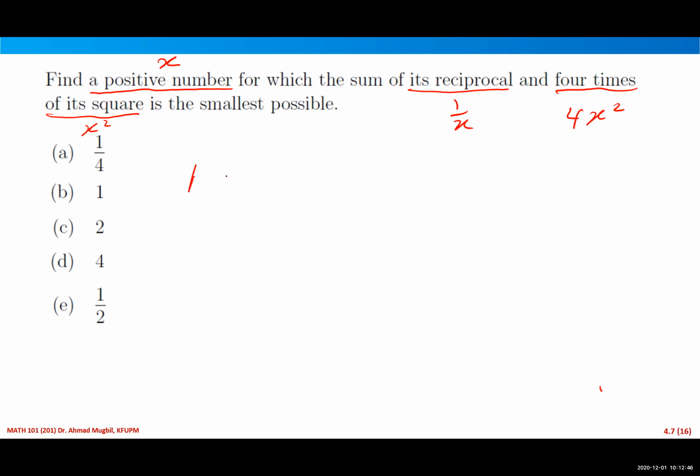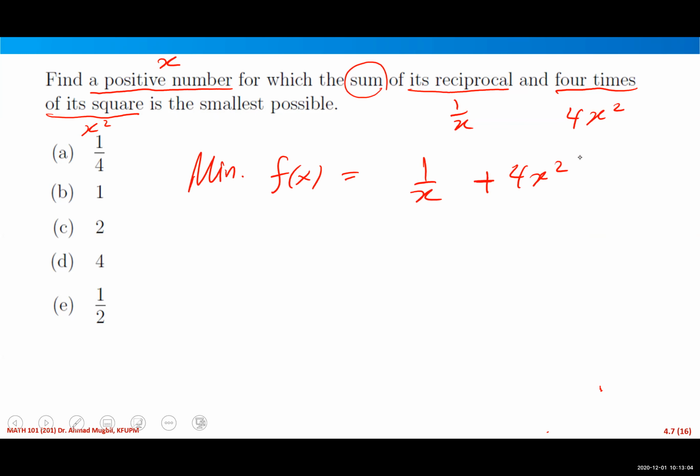So we need to minimize here. What is the function that we want to minimize? The sum of its reciprocal and 4 times its square: 1 over x plus 4x squared. This is the function that we want to minimize.